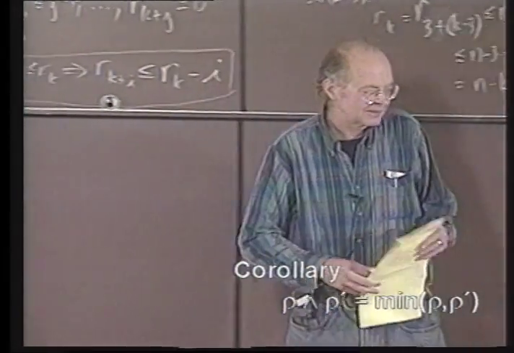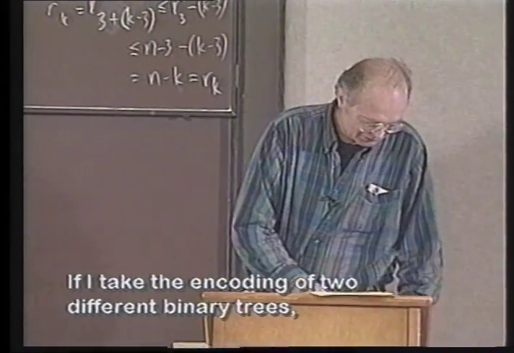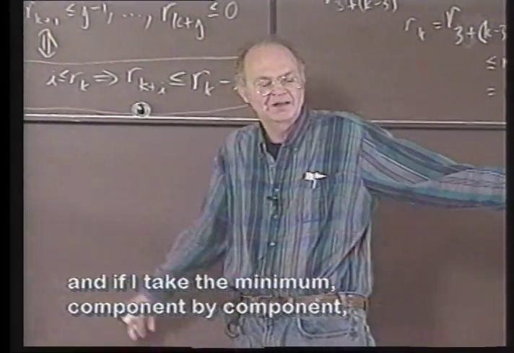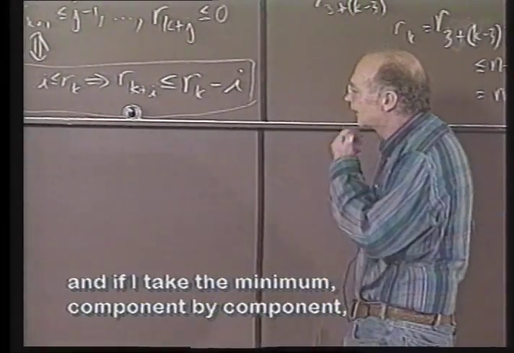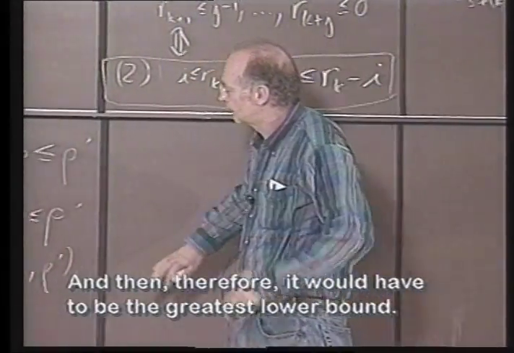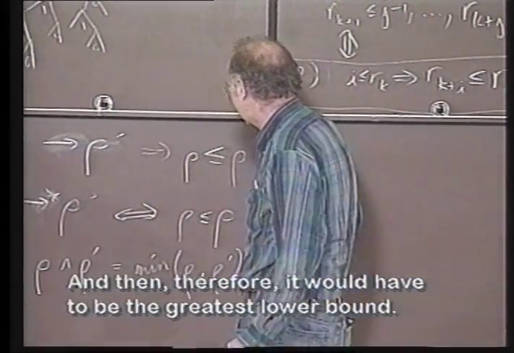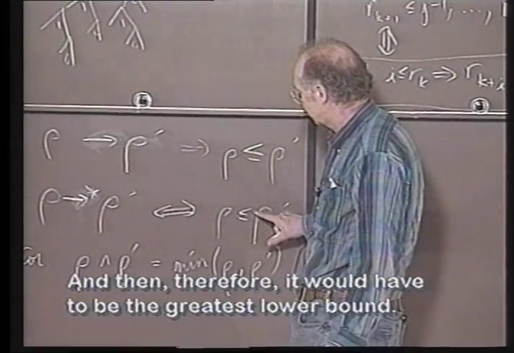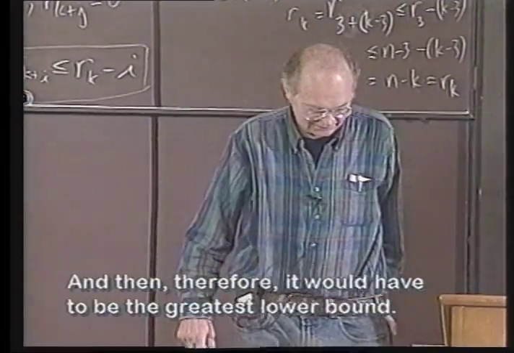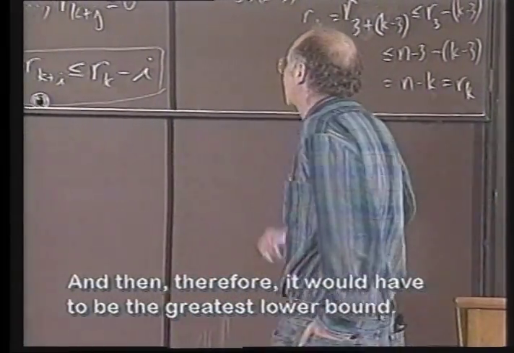If I take the encoding of two different binary trees, and if I take the minimum component by component, independent of anything else, I claim I get the encoding of a binary tree, and therefore it would have to be the greatest lower bound. Okay, let's see why that is.